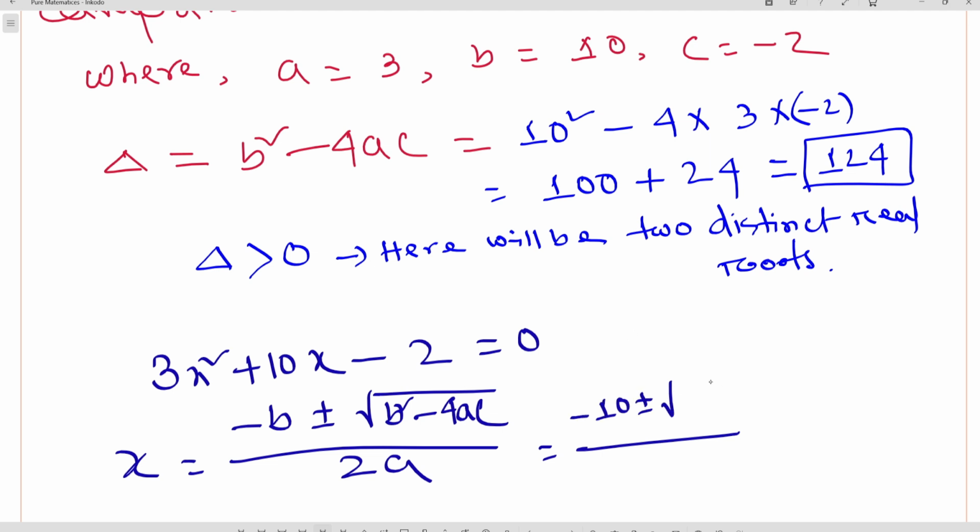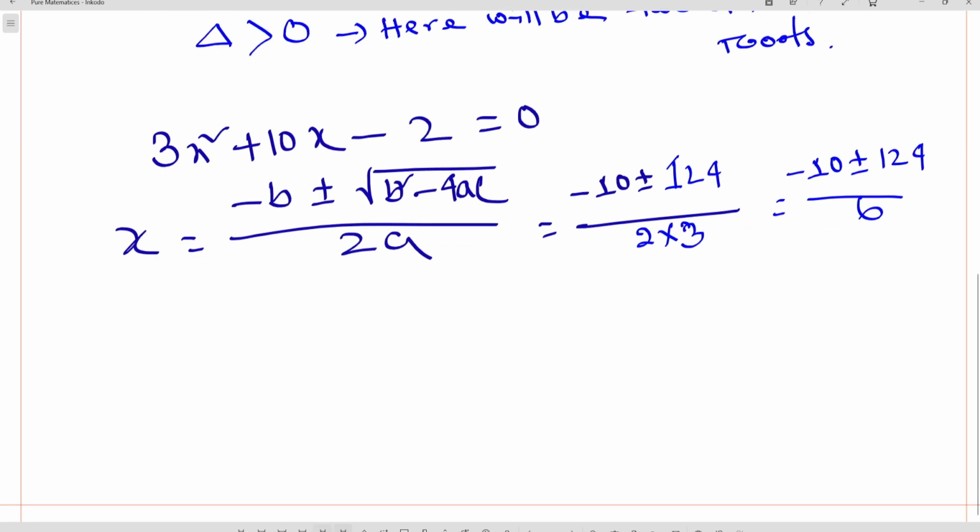Then plus minus root of b² - 4ac, we already got the value, which is 124, and divided by 2a, 2 times a means 3. So what will be the result? Here is -10, then plus minus root 124, and 2 times 3 is 6.